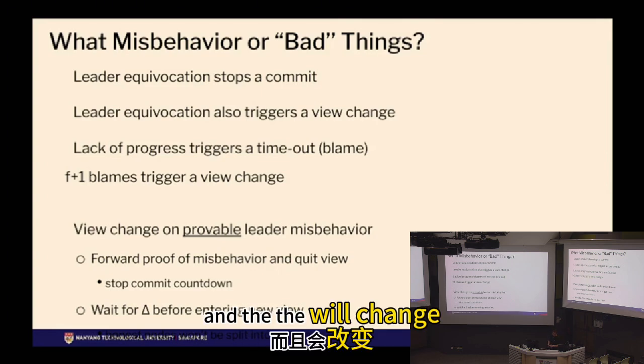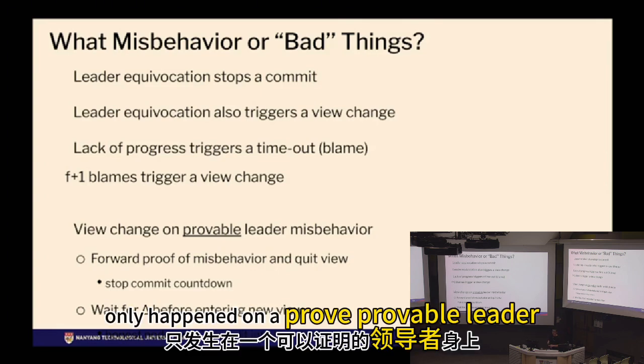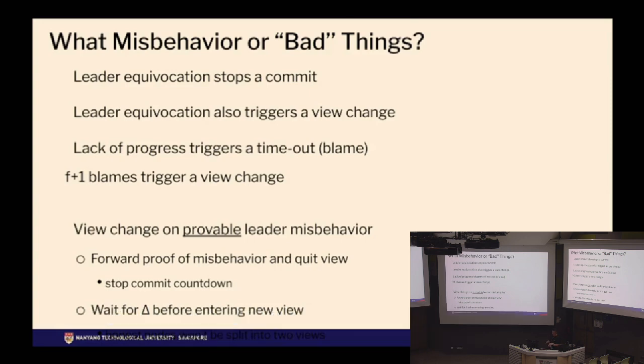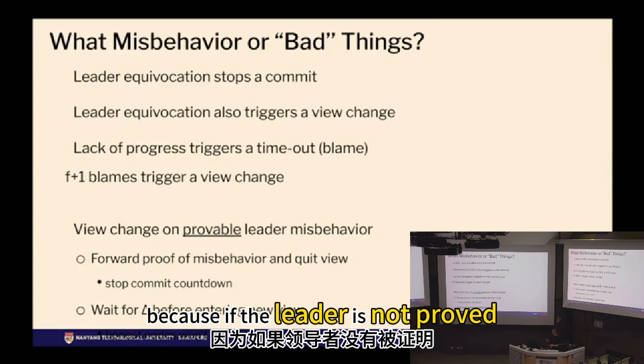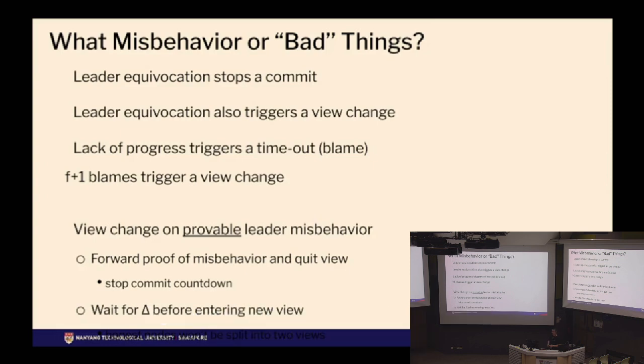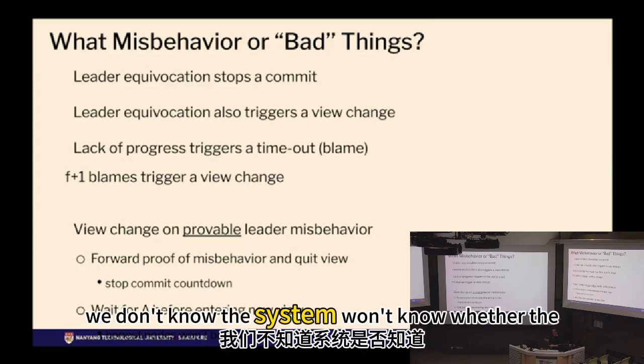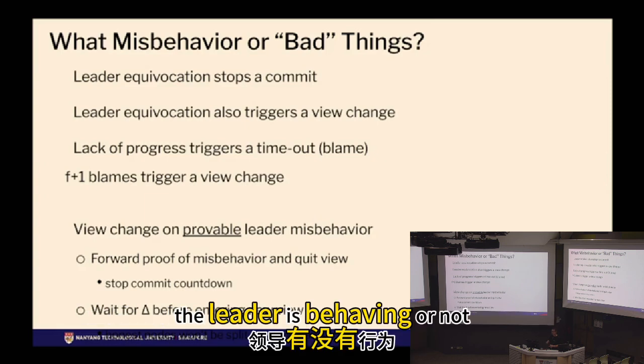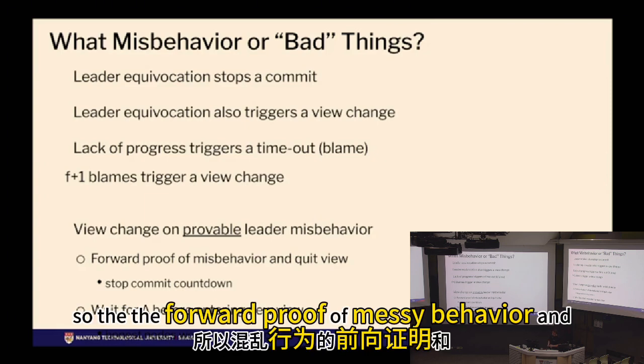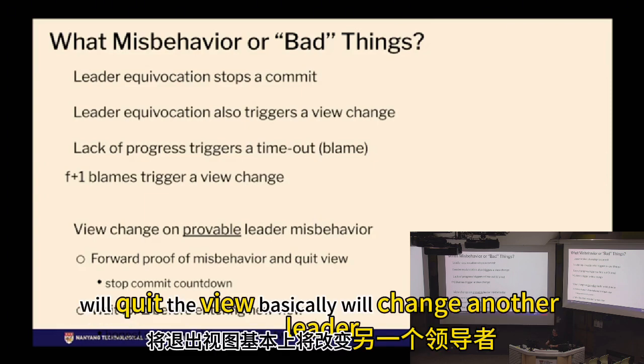And the view change only happens on a provable leader misbehavior, because if the misbehavior is not proved, the system won't know whether the leader is behaving or not. So nodes forward the proof of misbehavior and quit the view. Basically, they will change to another leader.